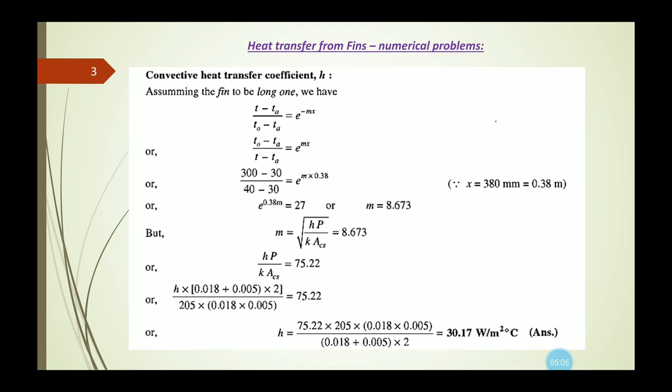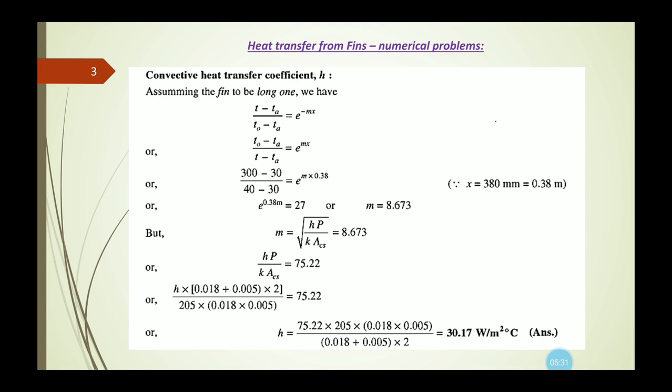From this equation we need to calculate the value of h, that is the convective heat transfer coefficient. P is the perimeter of the fin, which you can easily calculate from its given length and breadth, K, the thermal conductivity, is also given here as 205, and A is the area of this section, which you can also calculate.